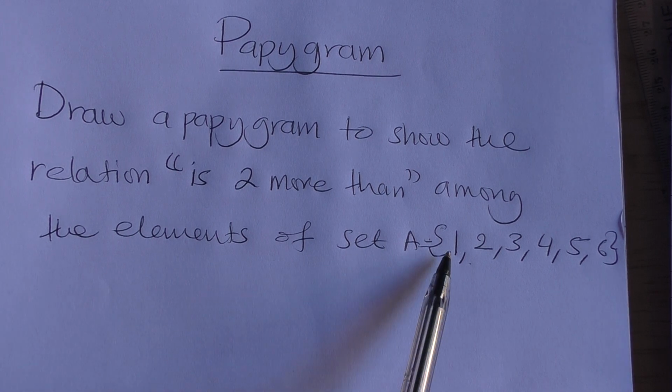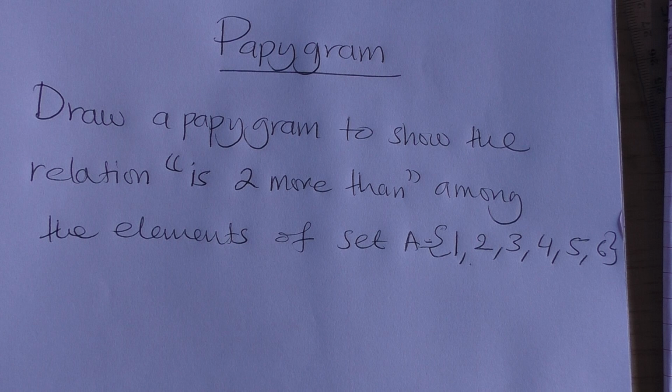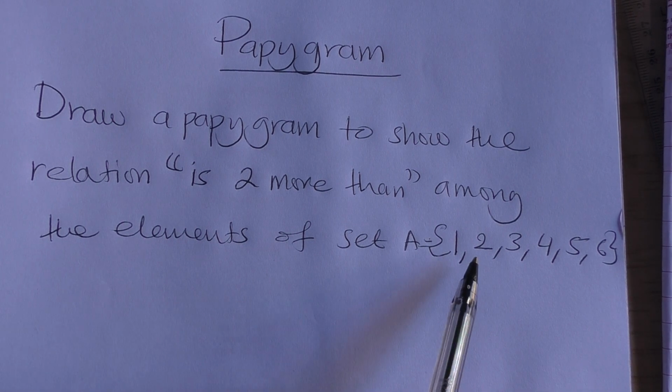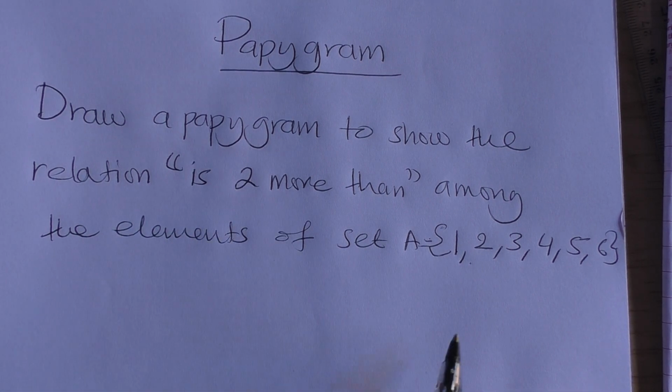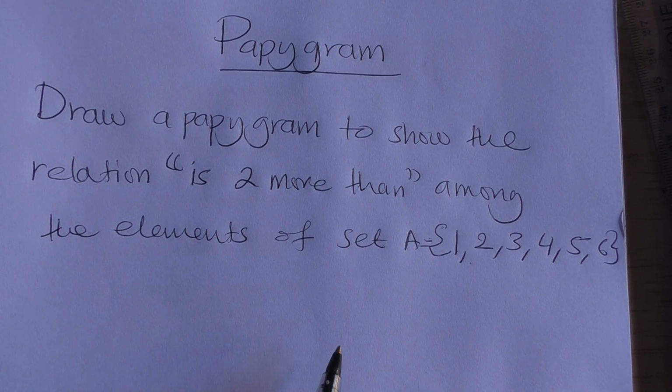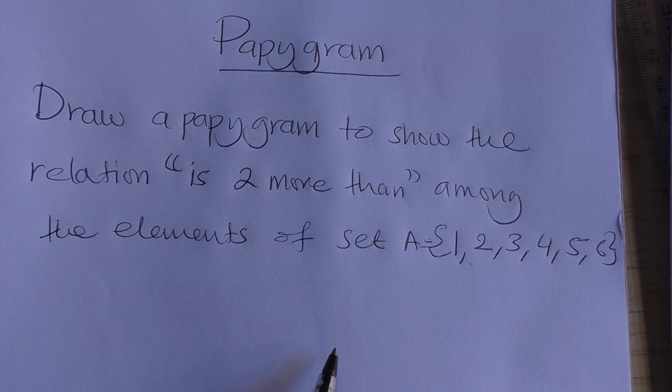So we have our domain and range within the same set. And these values form a certain relation which they have asked us to illustrate, and that relation is 2 more than. So the parallelogram is drawn in two shapes.